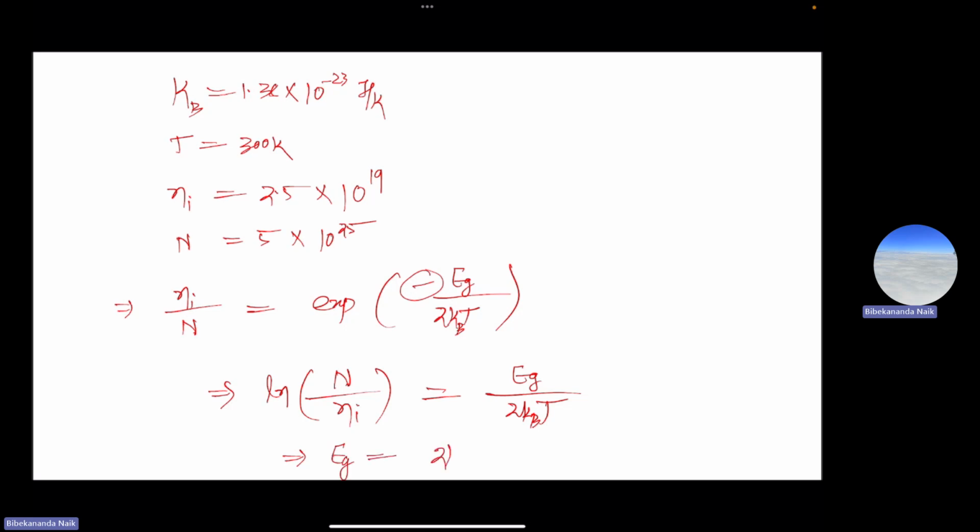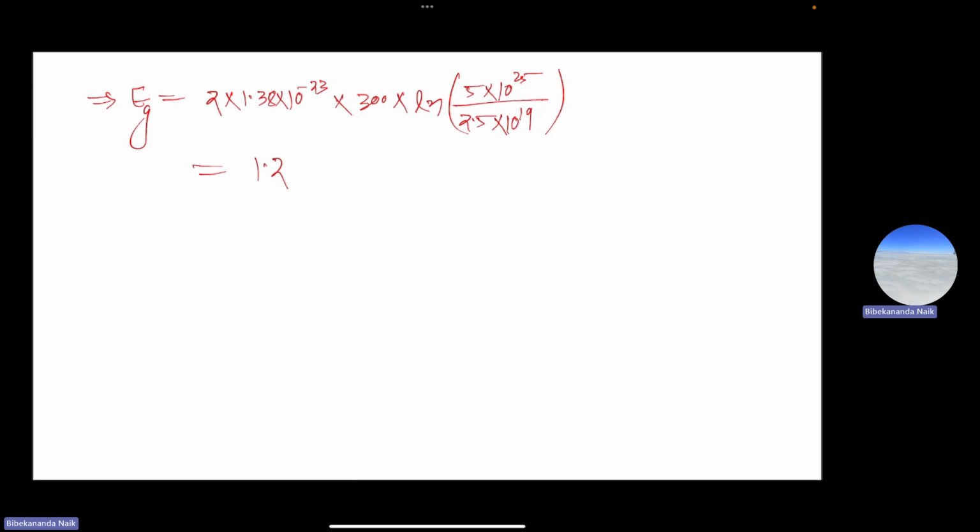So Eg will be 2 kBT ln N by Ni. So Eg will be 2 into 1.38 into 10 to the power minus 23 into 300 into ln of 5 into 10 to the power 25 divided by 2.5 into 10 to the power 19.